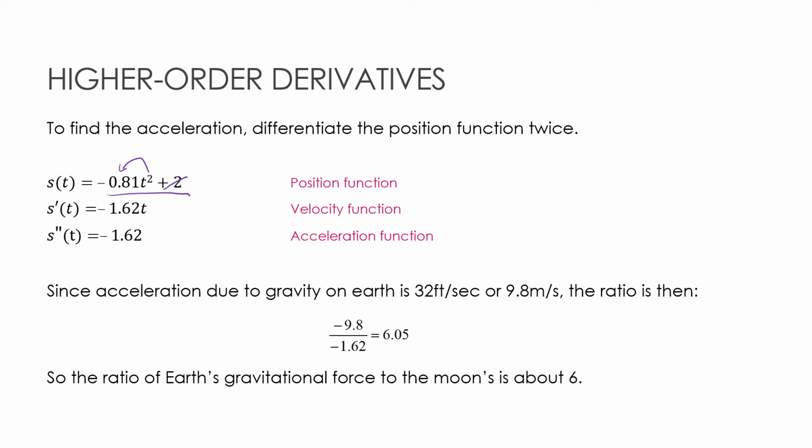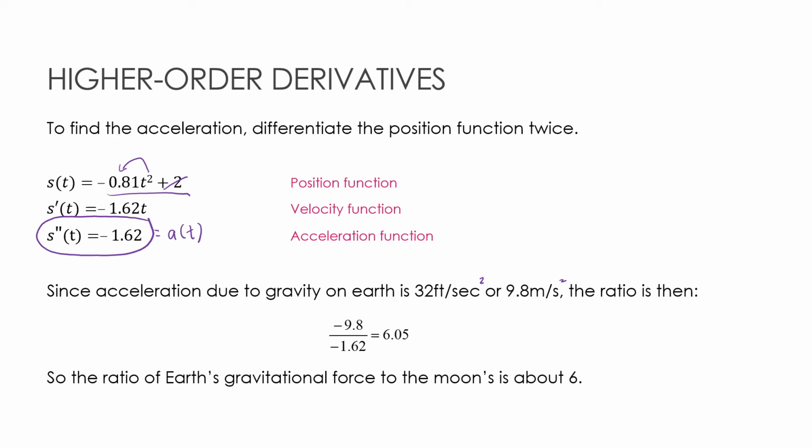Then I took the derivative of negative 1.62t, which is just negative 1.62. So s double prime of t, which is the acceleration function, is negative 1.62. So what does that mean? That on the moon, the acceleration due to gravity is negative 1.62 meters per second squared. These should both be squared.